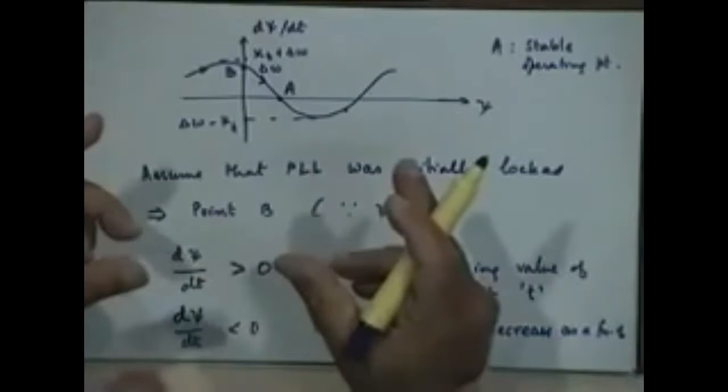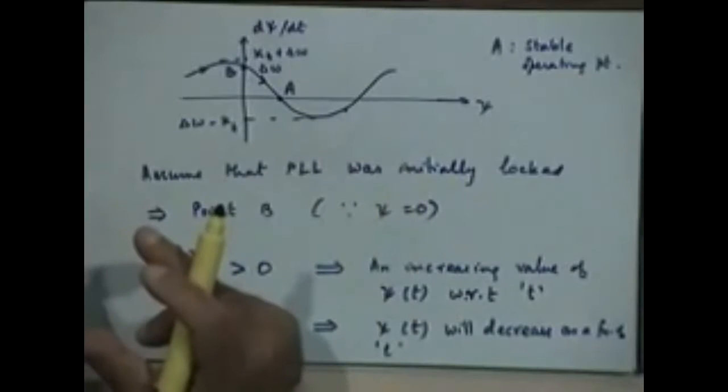There is a steady state operating point, but at that point there is no frequency error, because d psi by dt is equal to 0, and if psi of t is the instantaneous phase error, d psi by dt is the instantaneous frequency error. So, the VCO would have locked itself to the new frequency, right.